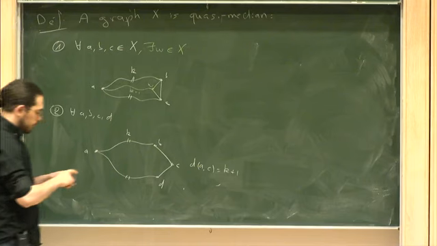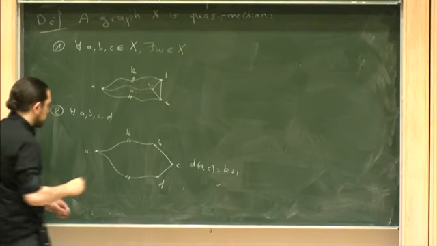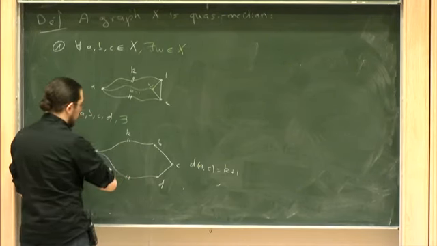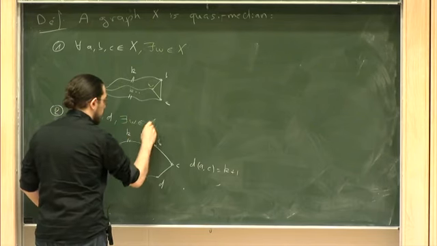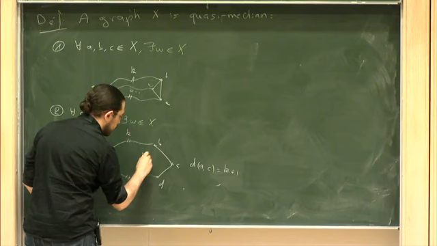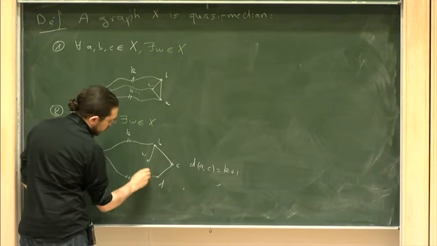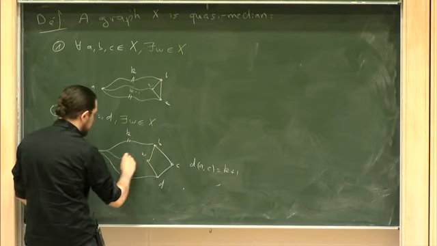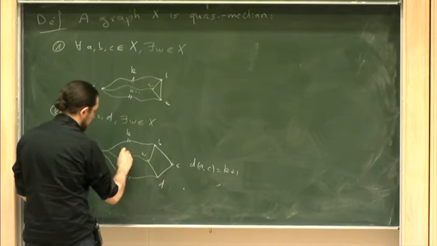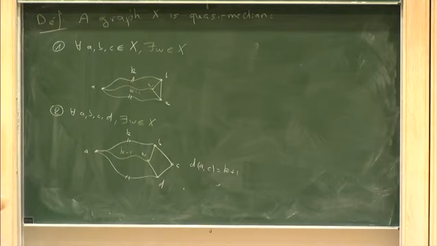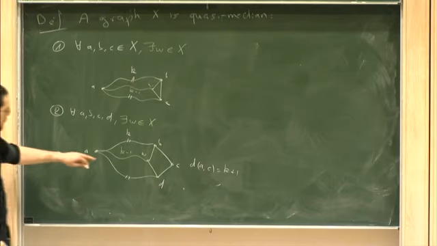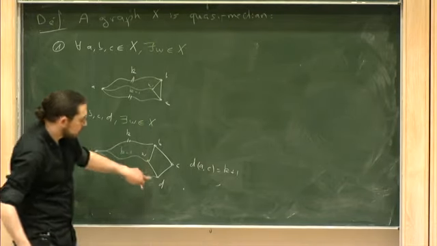Okay, so if you have such a configuration, then there exists a fifth vertex, W, which is adjacent to both B and D, and such that the distance between A and W is equal to K minus 1. Okay? So once again, this is a kind of center of the three vertices A, B, and D. Okay?